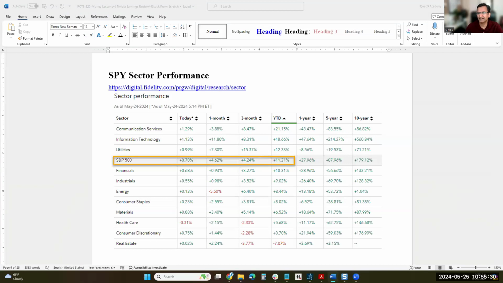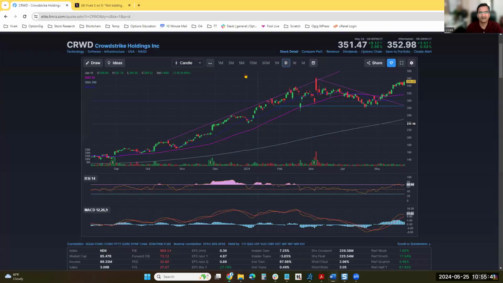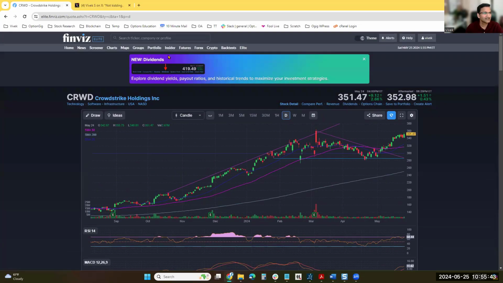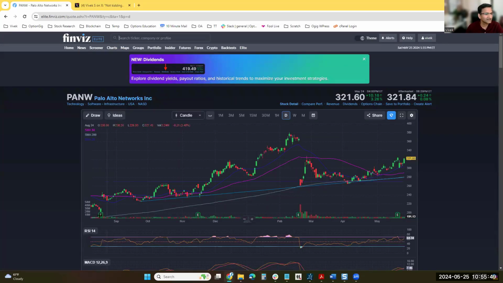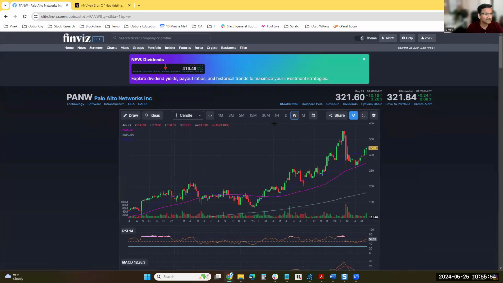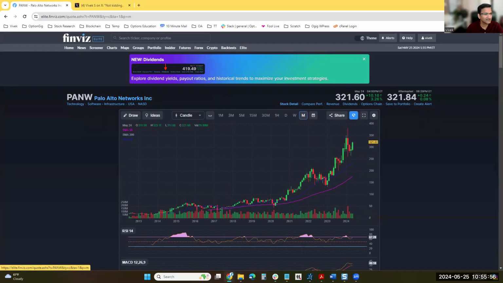In Nikesh Arora, we trust. Yeah, he's a great CEO. Bought PANW in 2020? You must have done well. The stock has done nicely, no doubt. Looking at 2020 till now, let's go to monthly.